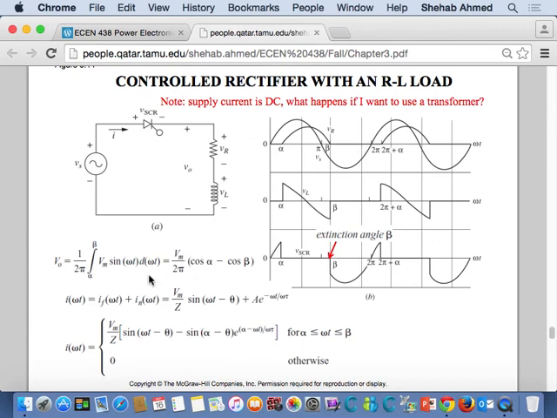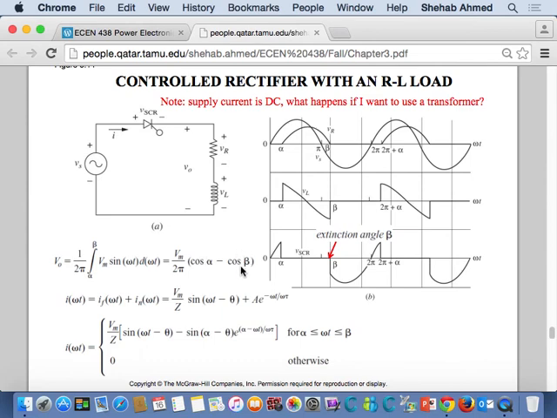This is the output voltage equation, right? It's V maximum over 2 pi, cosine alpha minus cosine beta, right? So this is between minus 1 and 1. This is between minus 1 and 1.